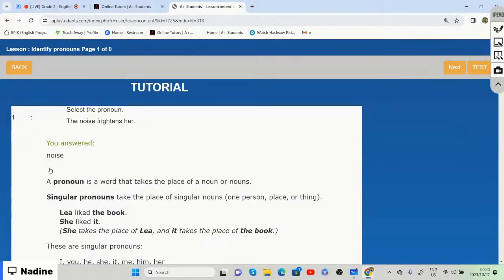We said a pronoun is a word that takes the place of a noun or nouns. And a singular pronoun takes the place of a singular noun. Then we made an example of Leah.